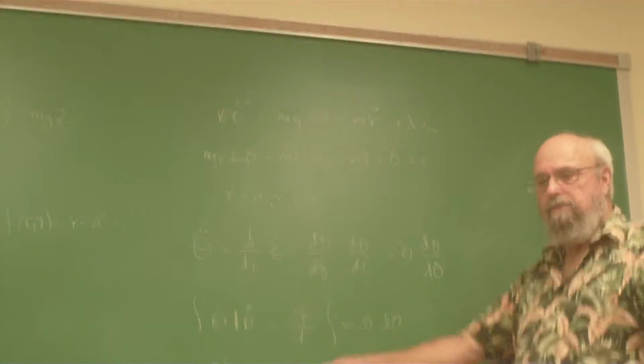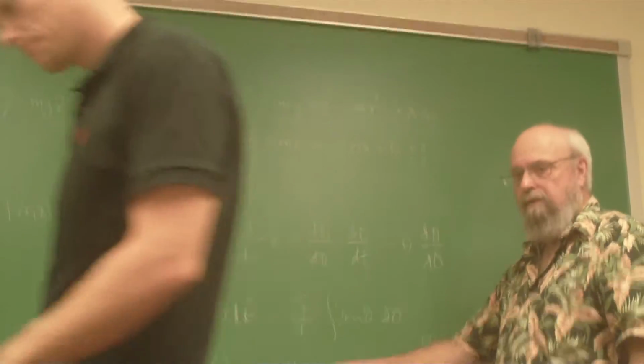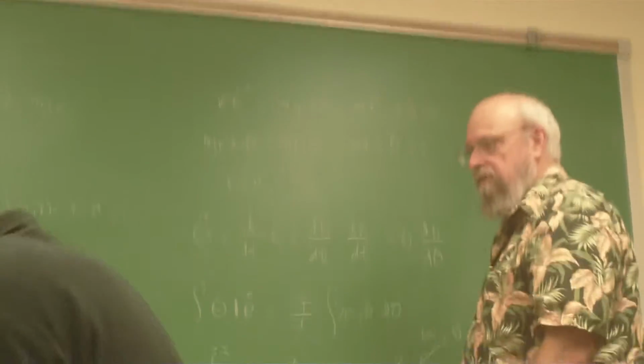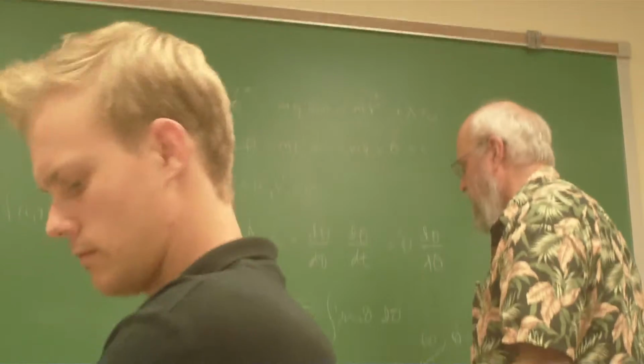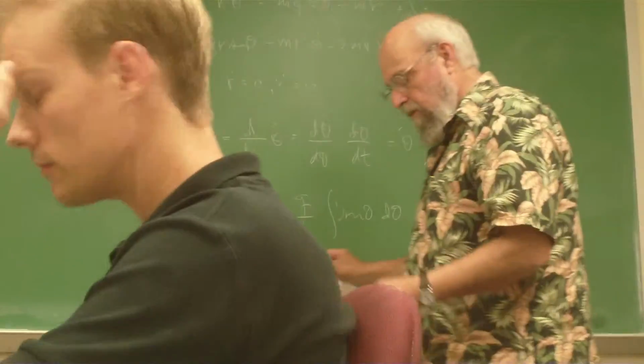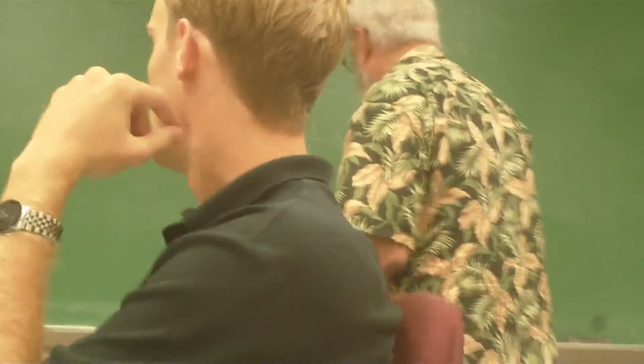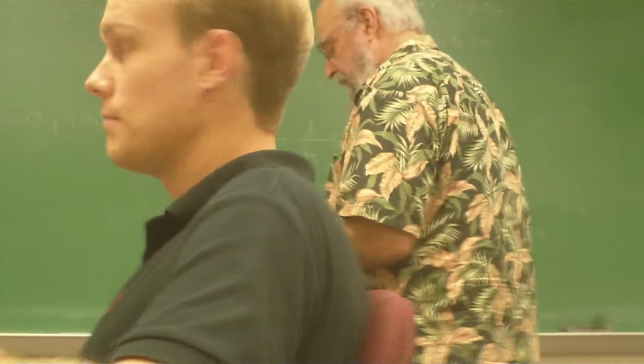Theta 0, you want this to be plus g over a, so that makes theta dot squared equal to 0 at t equals 0, the initial conditions. So we got an expression for theta dot.